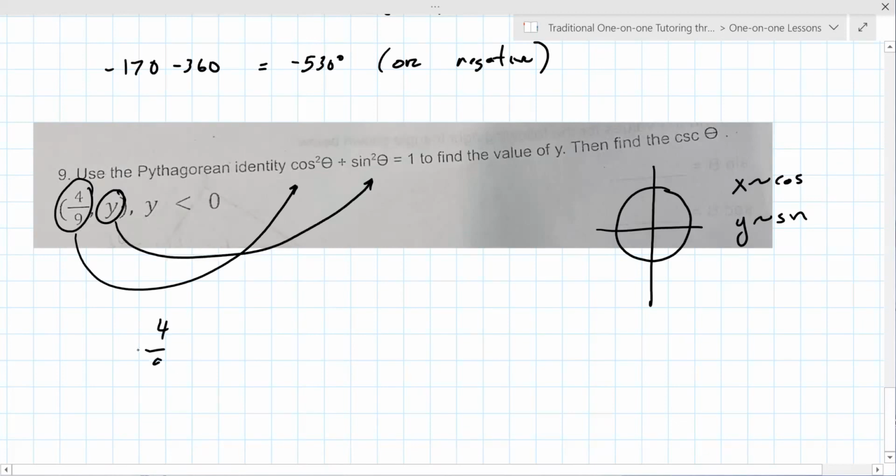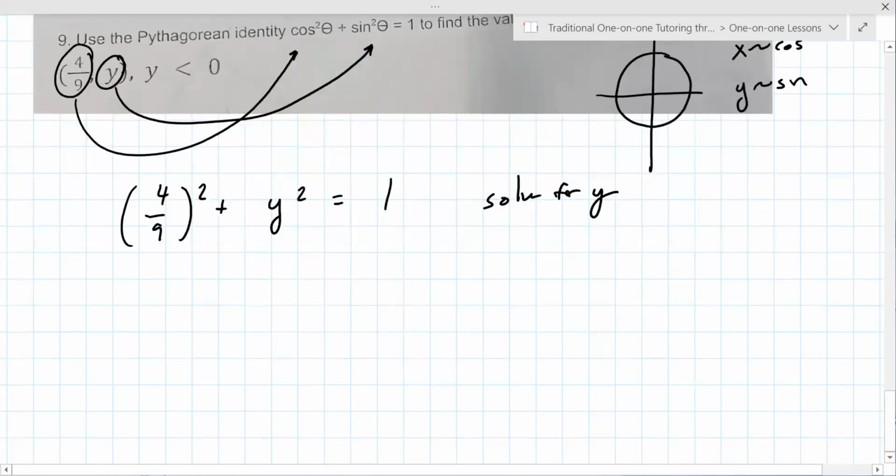4 over 9 squared plus y squared equals 1, and then you're going to solve for y. So this is 16 over 81 plus y squared equals 1. Now I'm going to convert this to a fraction, because we're going to manipulate it in the next step.